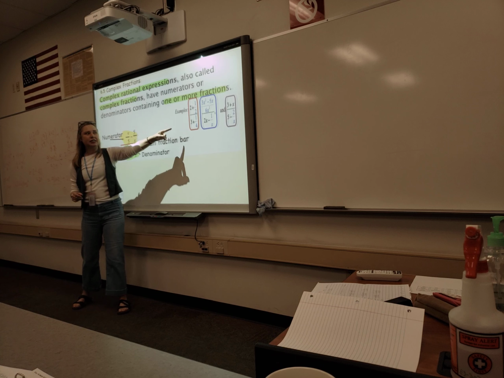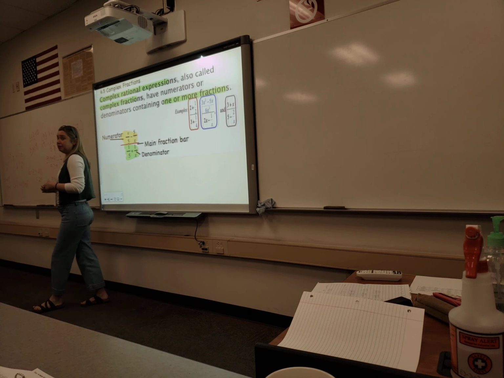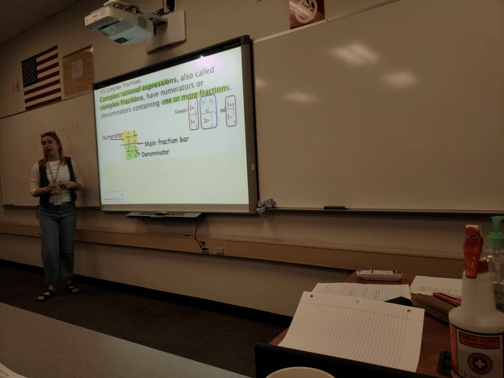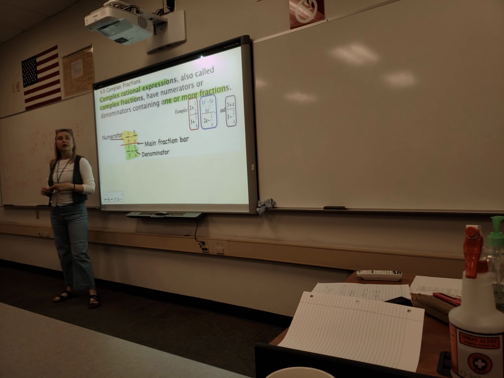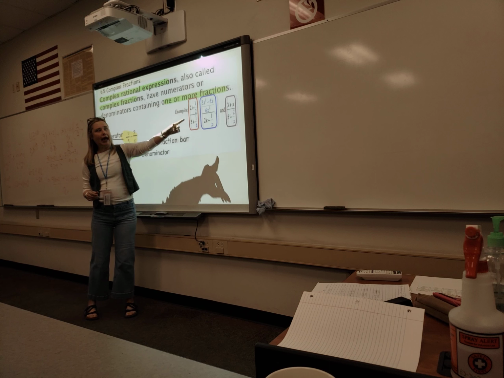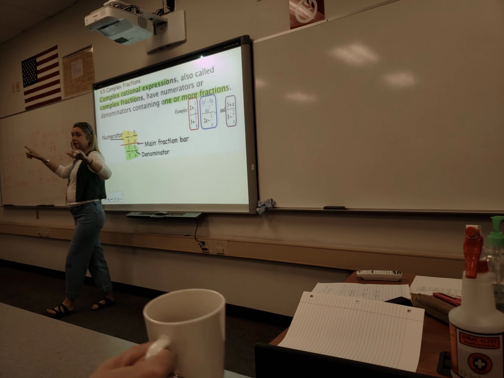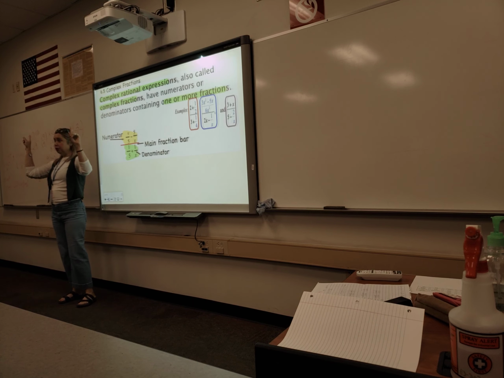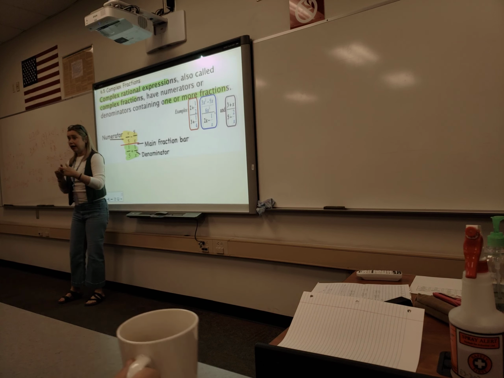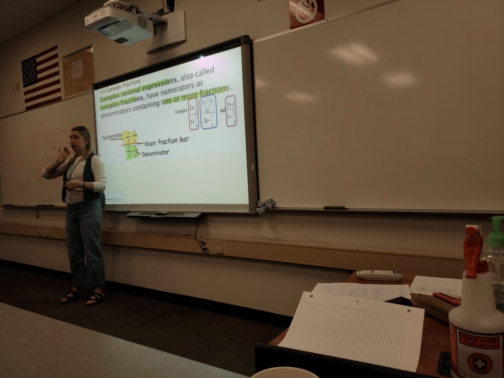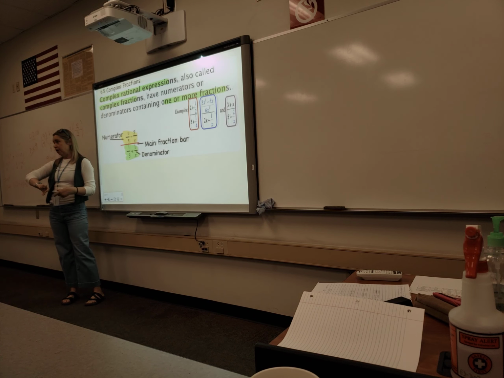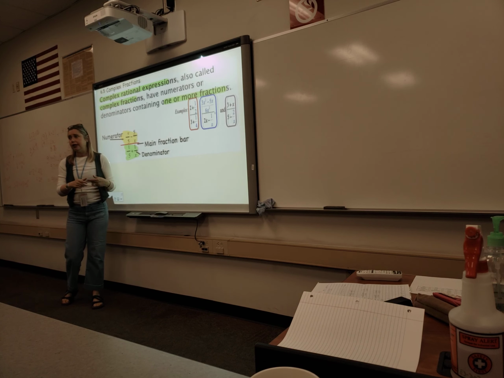Notice each one of these has a big main denominator bar, the big division bar in the middle, the bold one. To tackle these, we simplify as best we can the numerator and simplify the denominator. Once we have a simplified numerator and a simplified denominator, we factor out whatever we can and write our final answer.